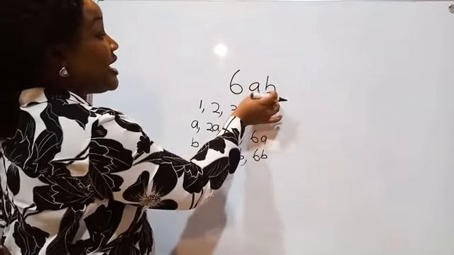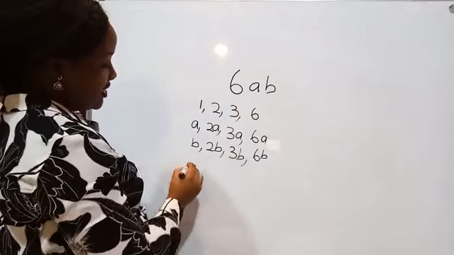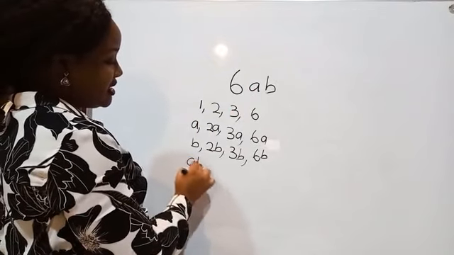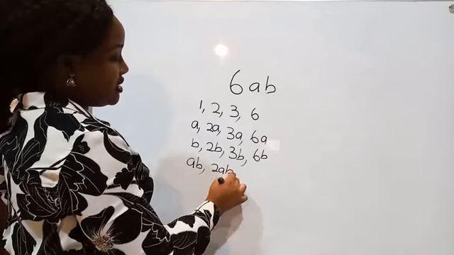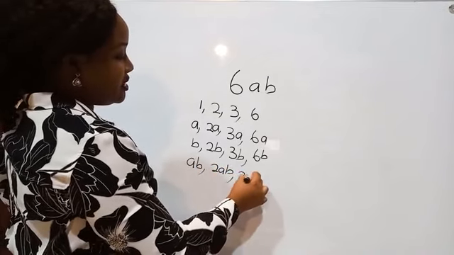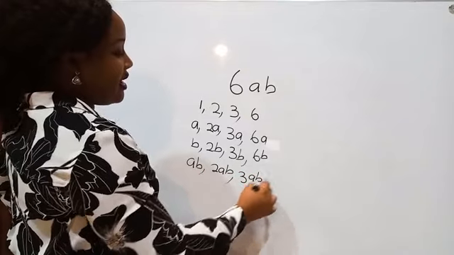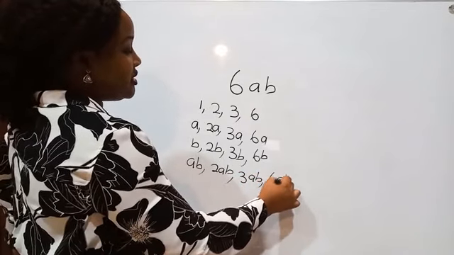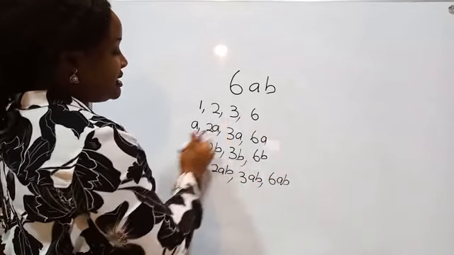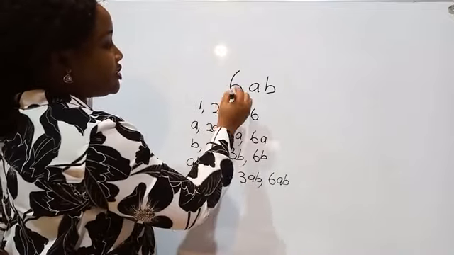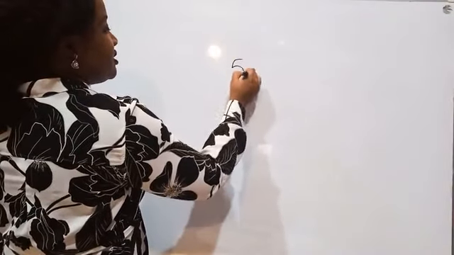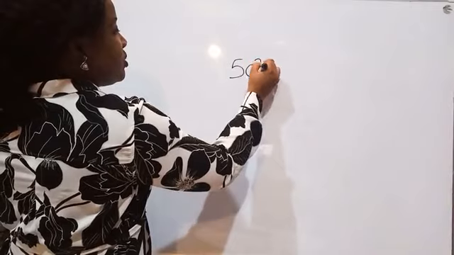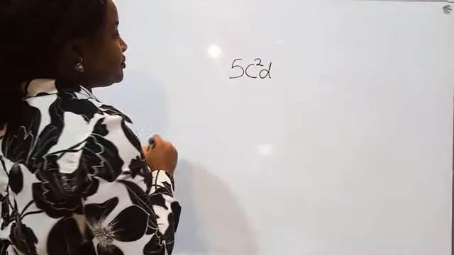Then in terms of ab, you have ab, 2ab, 3ab, and 6ab. All these are factors of 6ab.